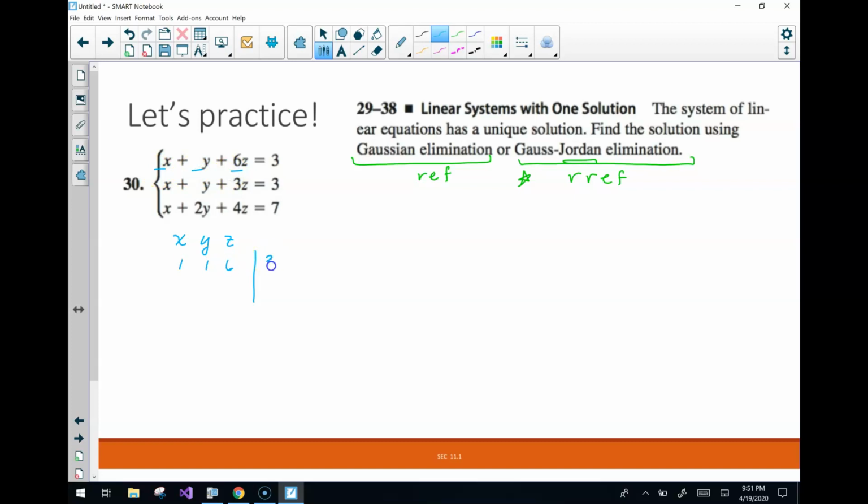Other side of the equal sign is a 3. Coefficients of x, y, and z are 1, 1, 3. Other side of the equal sign is a 3. Coefficients 1, 2, and 4. The other side of the equal sign is a 7. And this is what's called our augmented matrix.